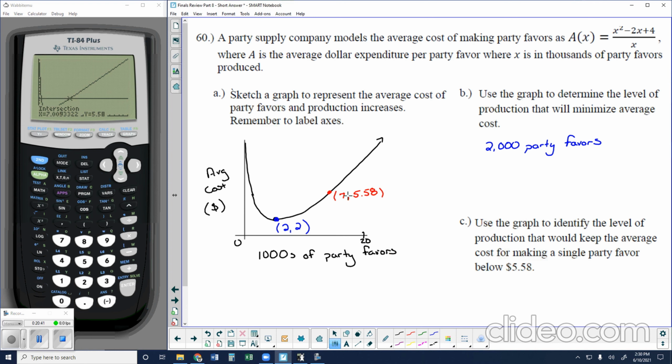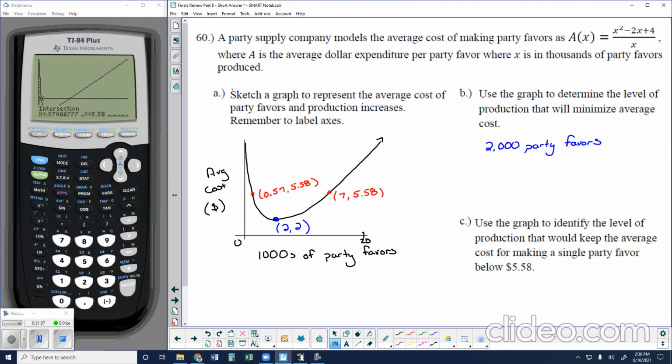Rounding down will keep us below. I'm going to go ahead and find the other intersection. So second, trace, intersect. Move it over here to the left side of the graph where they intersect. Find that intersection point. And this would be approximately, we're going to round it down again, so let's round it down to 0.057.